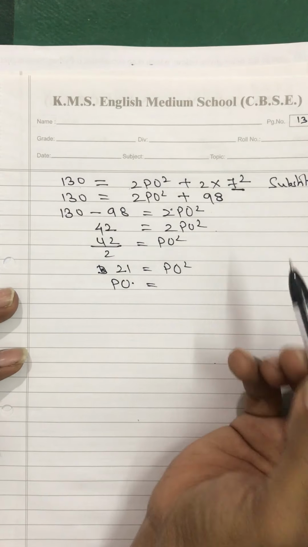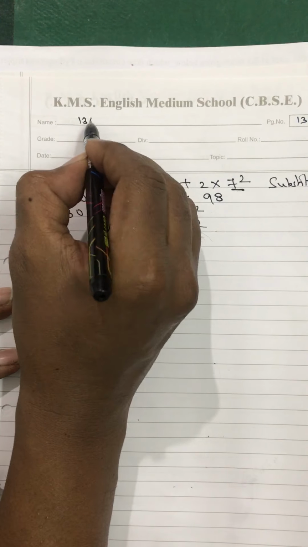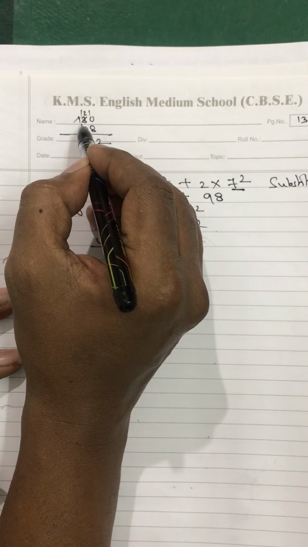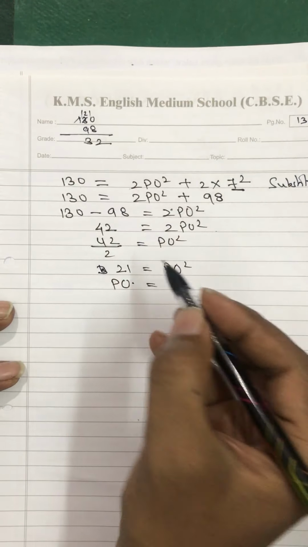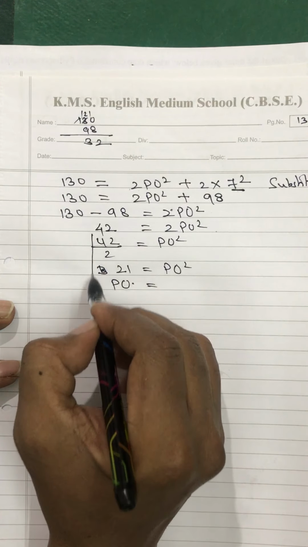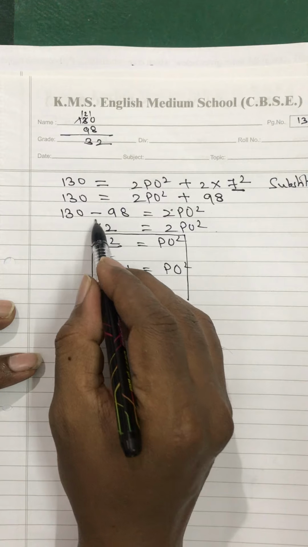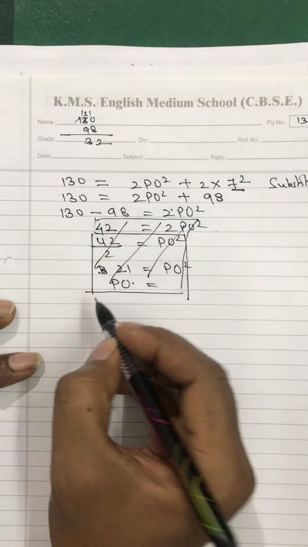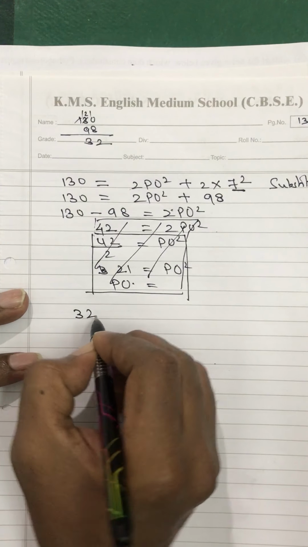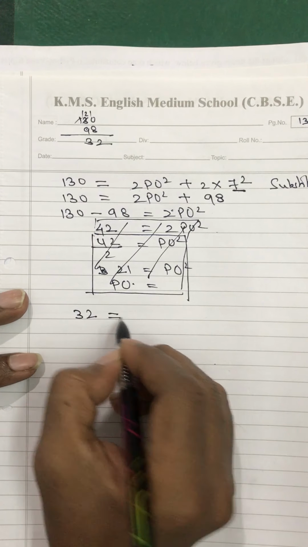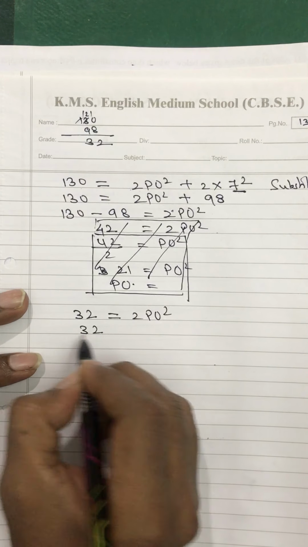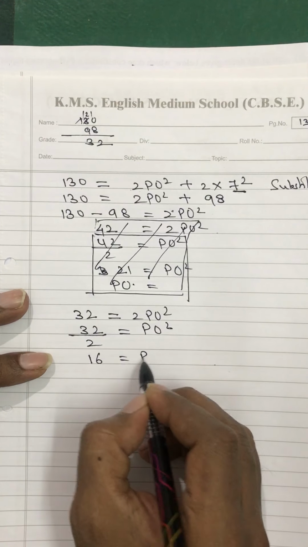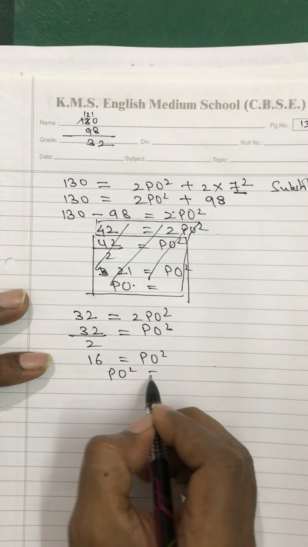This also is right. So this comes over here, 130 minus 98. This is 32, my dear students. So 32 is equal to 2 PO square. 32 upon 2 is equal to PO square. So PO square is equal to 16.